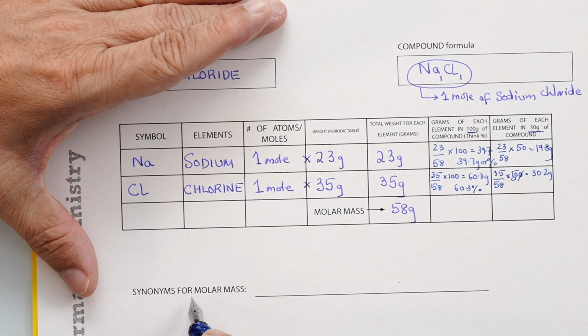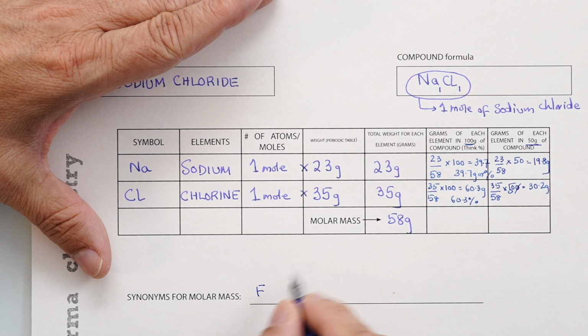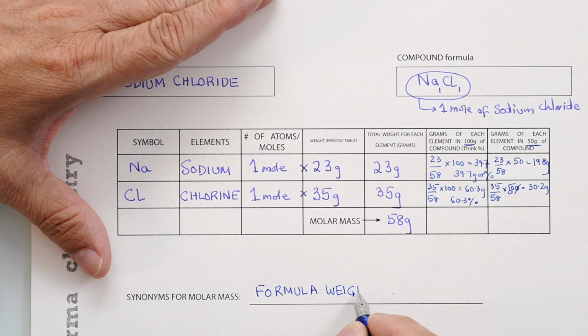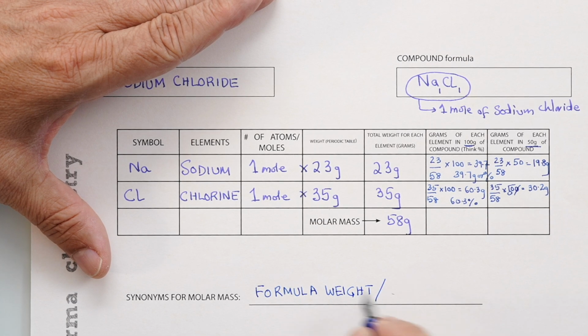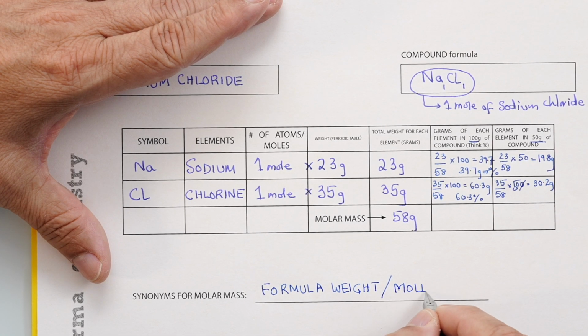I hope you did. Lastly, let me just repeat this, and hopefully you're taking good notes on this, because this is kind of the bread and butter of chemistry. Synonyms for molar mass. There's a whole bunch of them. Ones I use interchangeably. So instead of saying molar mass, you'll hear me say formula weight. I have a habit of saying that. Whenever I say that, I mean molar mass. The other one that you will often hear is molecular weight.